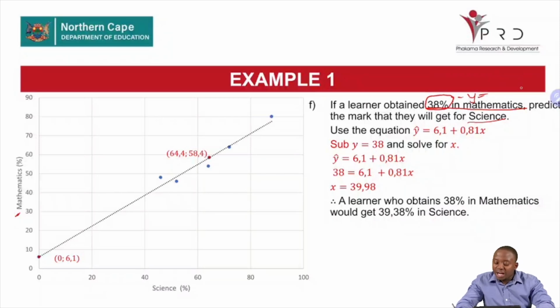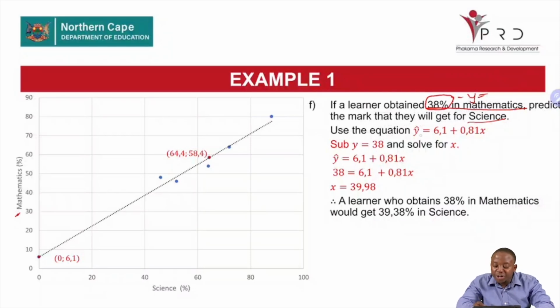How do you know that? Like I said, you go to a scatter plot, you check where is math, where is science. Math is on the Y-axis and we are given the math value. That means the value that we are given for mathematics is on the Y-axis. So in our equation, where there is Y, we'll put that 38. They say, predict the mark that they will get for science.